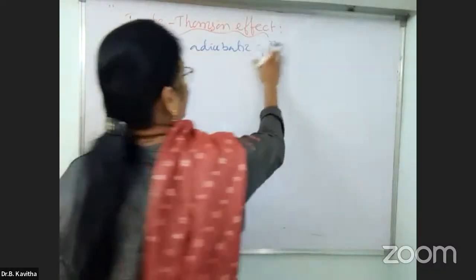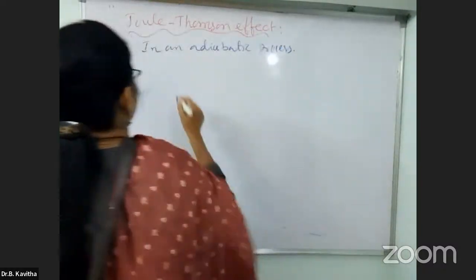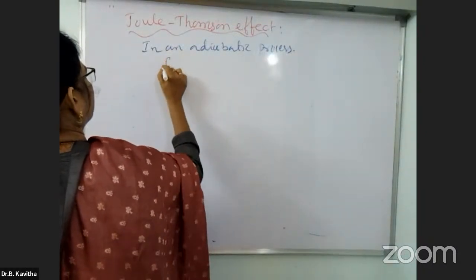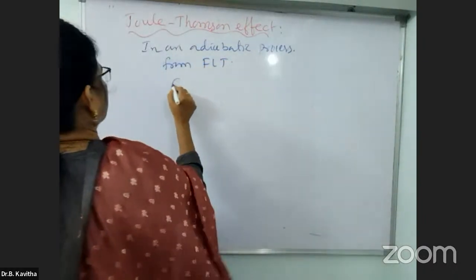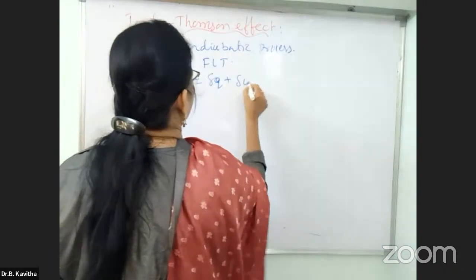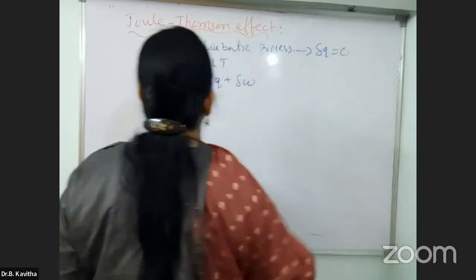The adiabatic process. From FLT, dU is equal to dou q plus dou w. Always in this process, dou q is equal to 0.